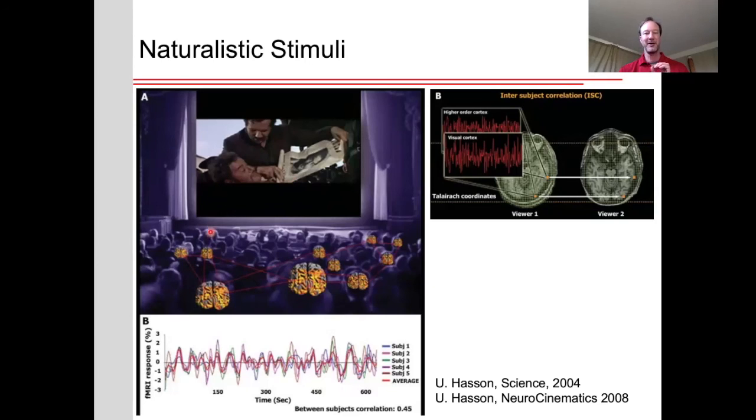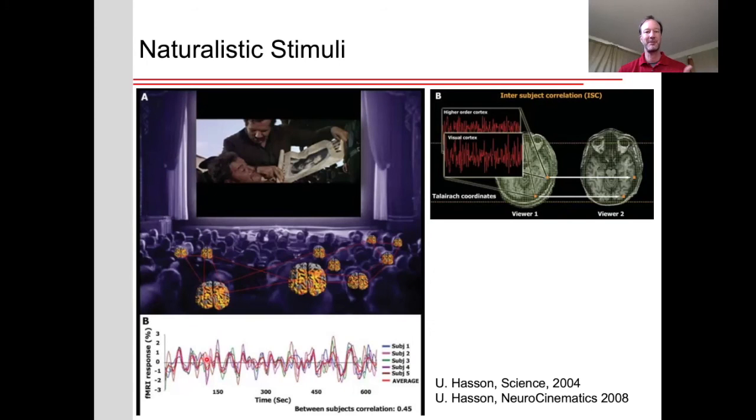But another way to analyze that data is to look at the commonalities in the activation across participants. So for example, if you showed the same movie to 5 different subjects, then at a certain point in time, all the different subjects would be seeing a face on the screen or would be hearing some sort of sounds, and therefore their activation should be correlated. So by looking at the correlation of the activations across subjects, you can actually find these interesting maps and map out these different functional areas.